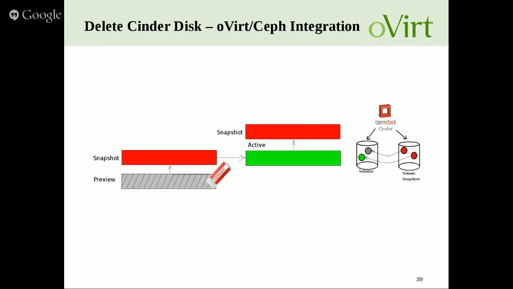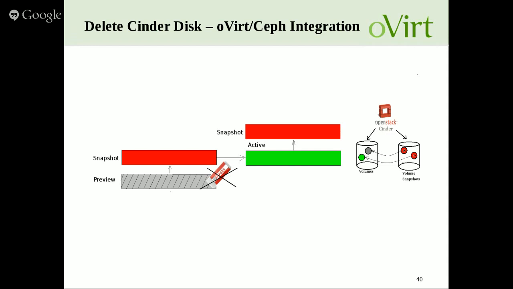So what happens when trying to delete this Cinder disk that we showed before? If you try to delete it, we get some kind of error for deleting the original volume. This is because we can't delete volumes which have snapshots based on them.